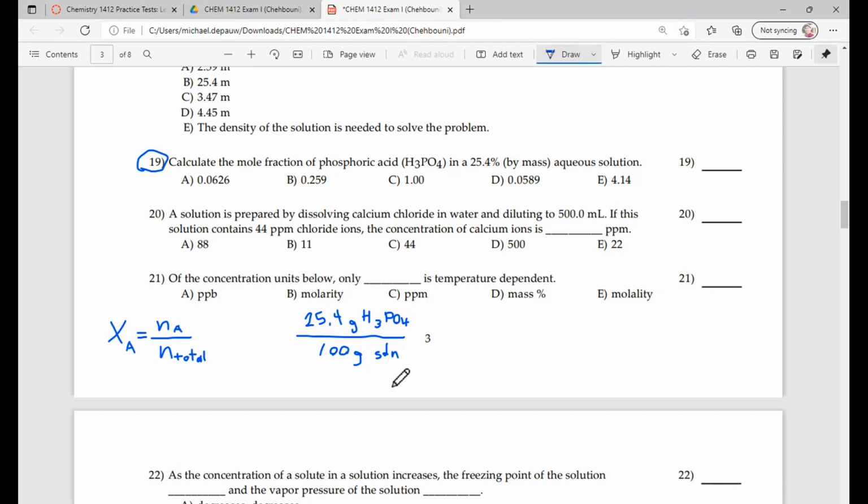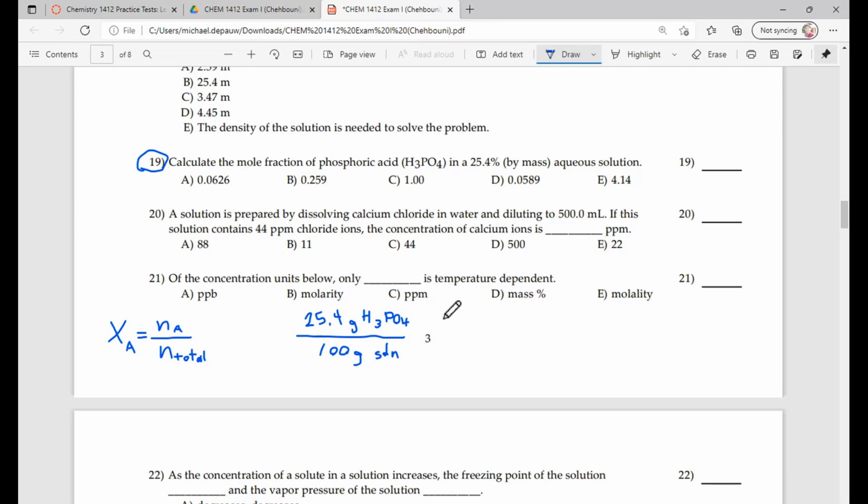Now, if I want to do the mole fraction of phosphoric acid, I have to calculate the moles of phosphoric acid. That's pretty easy to do because I already have the grams, right? But I also have to calculate the moles of everything else. What is the everything else in this case? It's an aqueous solution, so water.